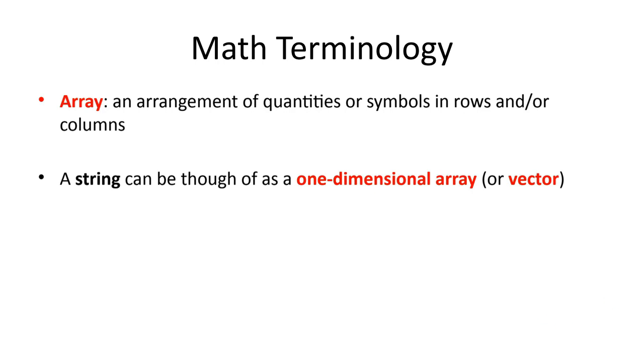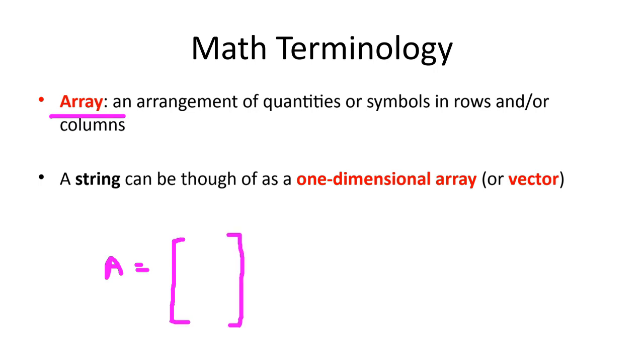But yeah, I know it's kind of annoying, but I have to introduce a couple of terms right at the beginning. These are terms just from math in general. One term is an array. An array is essentially just a collection of numbers or symbols. A string technically is an array.